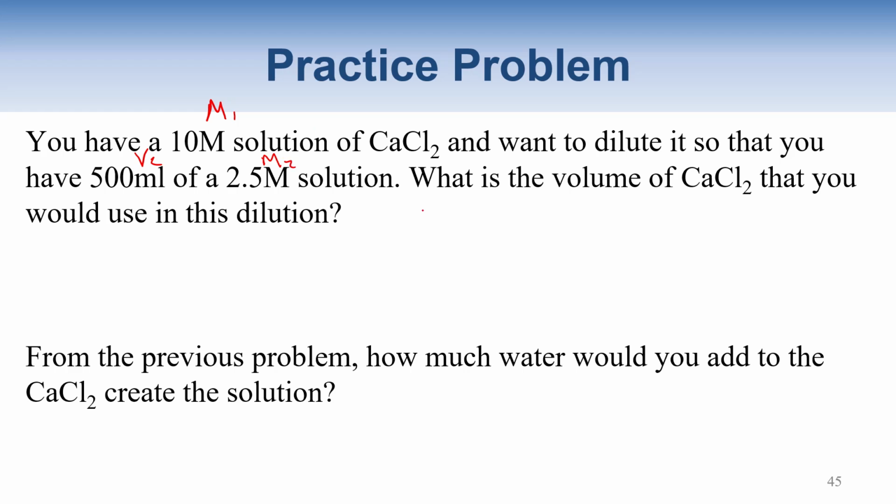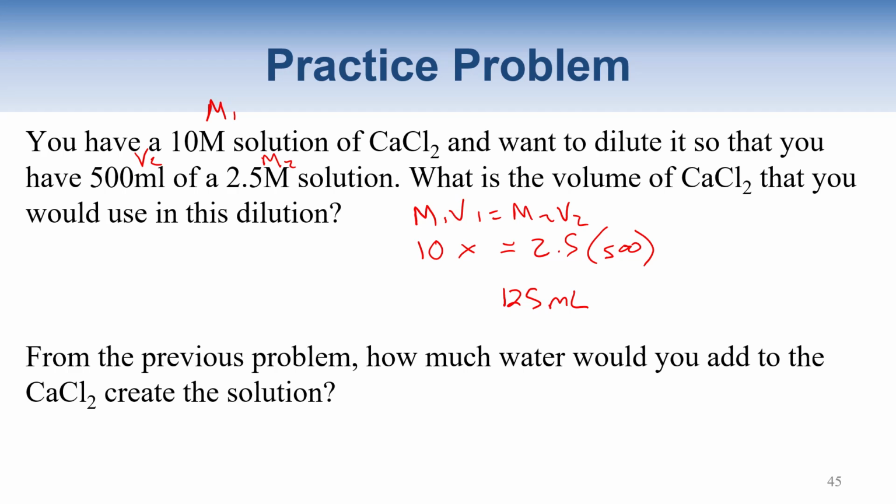So when we put this into the equation, M1 V1 equals M2 V2, we have 10x is equal to 2.5 times 500. When we do the math, 2.5 times 500 divided by 10, 125. And that's mils.